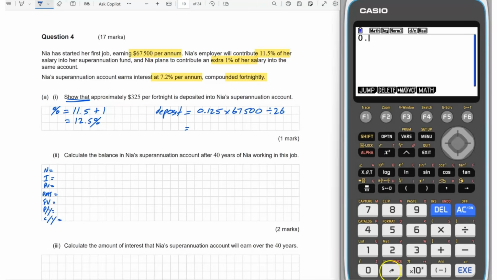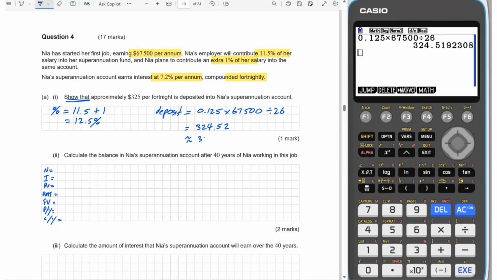So over in the calculator, 0.125 times the 67,500 divided by the 26, and it's equal to 324.52, which is approximately $325, as we were asked to show in the question, which is great.